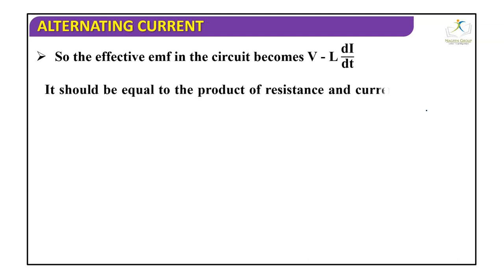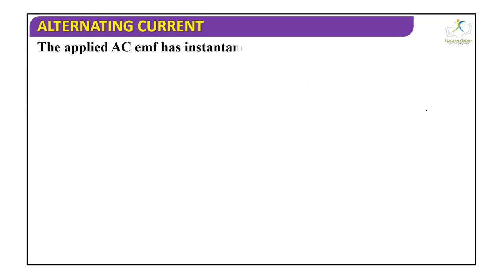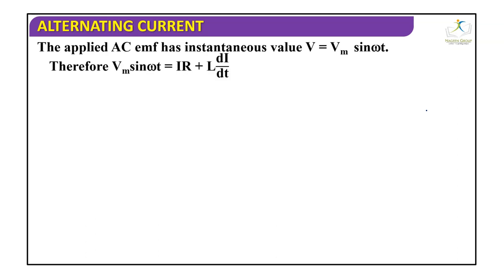It should be equal to the product of resistance and current, that is IR. Hence V minus L di by dt is equal to IR. The applied AC EMF has an instantaneous value V equal to Vm sin omega t. Therefore, Vm sin omega t is equal to IR plus L di by dt.